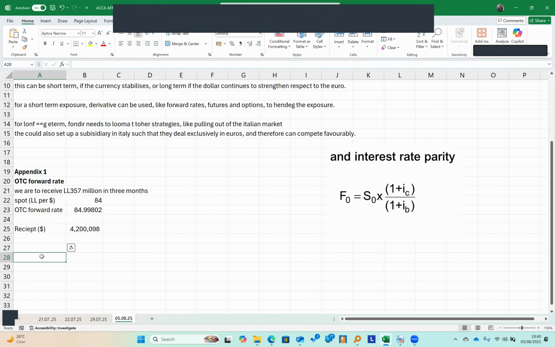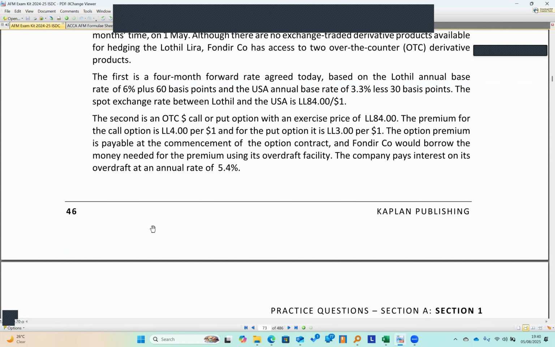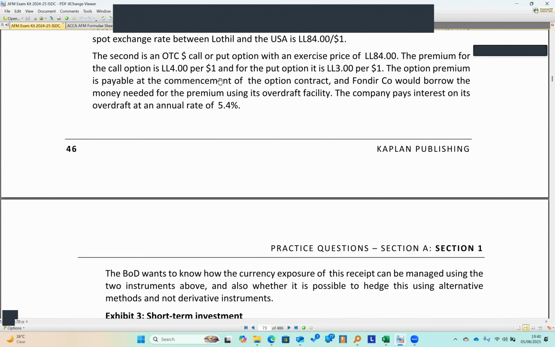Now the second one is when we are looking at the option. For the option, they're saying we are either doing a put or a call option. So you need to understand what you need to do when it comes to these options.